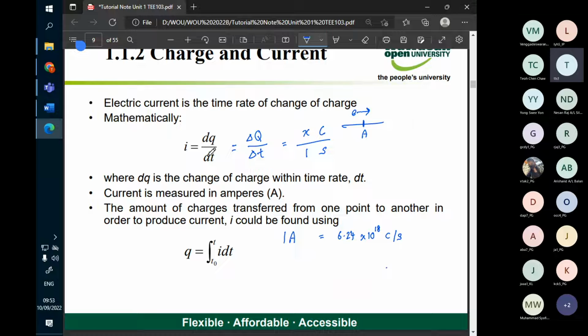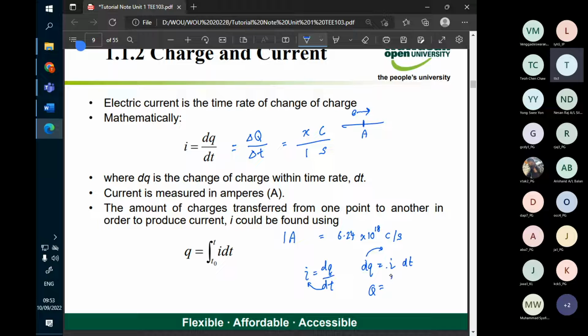Of course, we can play around with this one. The original form is I equal to dq/dt. If you are good in physics, you need to memorize this one. If we take the dt over here, the dq becomes I dt. We throw the differential to the other side, so it becomes integration.